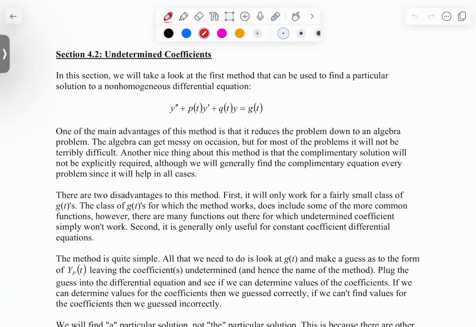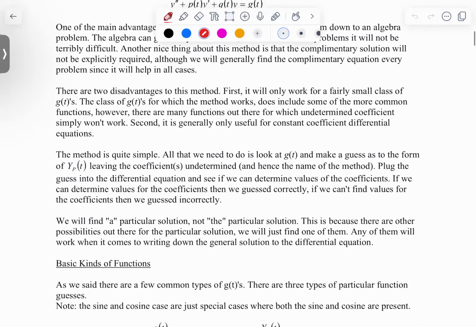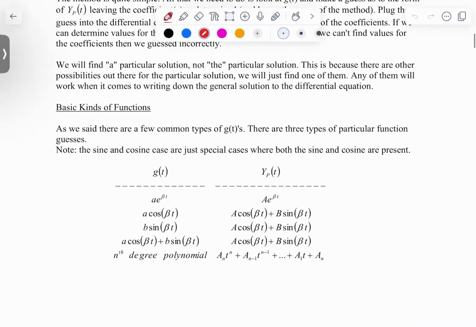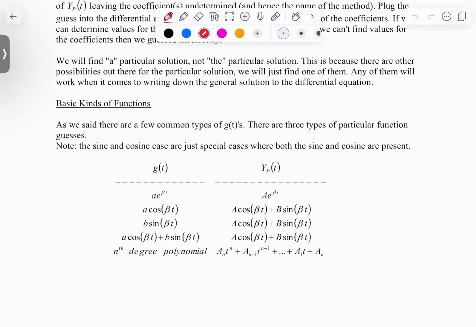Now, the disadvantage is that it only works on a small number of classes, but these happen to be the most common functions that there are. And the method is simple. We basically pick some constants in our equations, and then we solve for what those constants are.